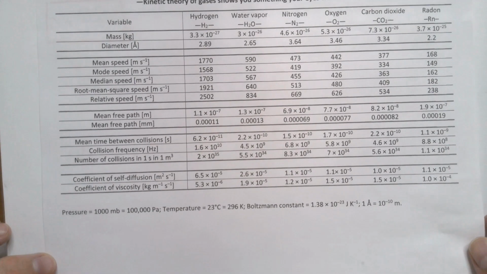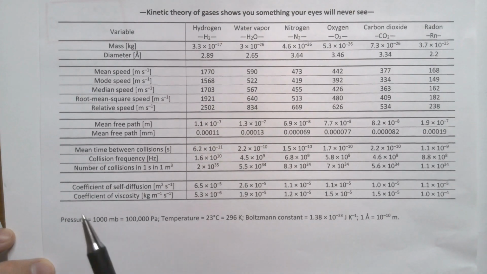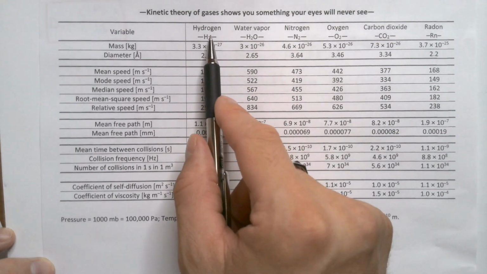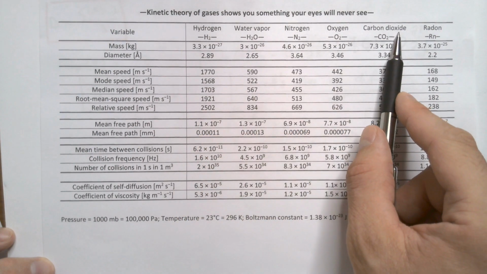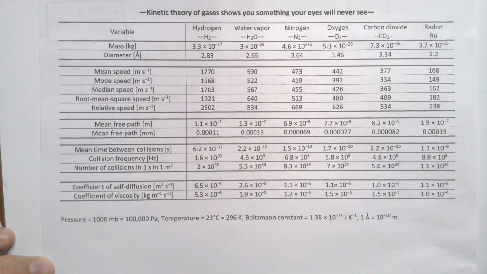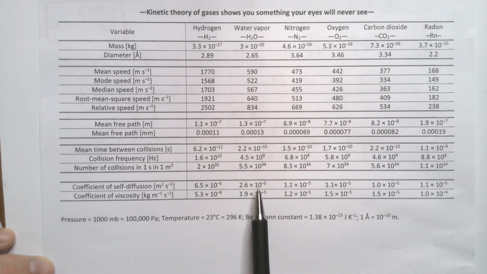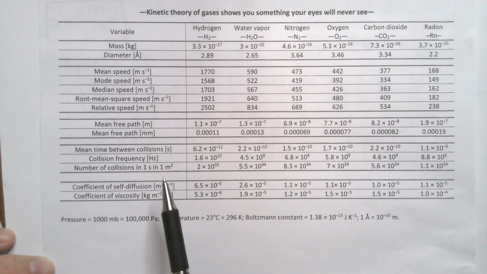As per usual, I calculated the coefficient of self-diffusion in meters squared per second for some typical gases that make up the air that we breathe, and I also included radon for good measure. You will see that in all cases this coefficient of self-diffusion is of the order of magnitude 10 to the power negative 5 meters squared per second.